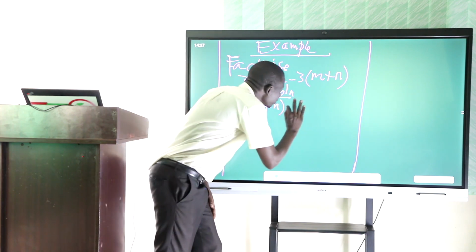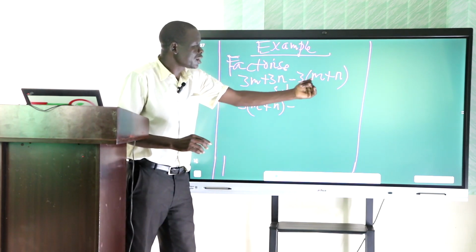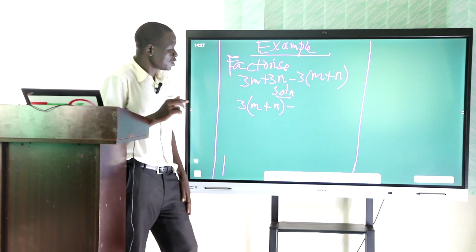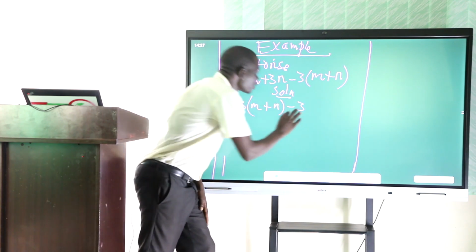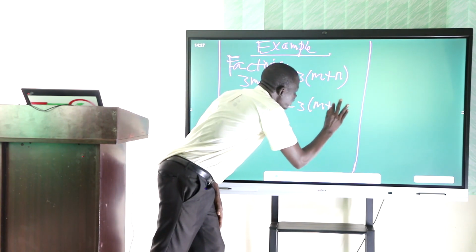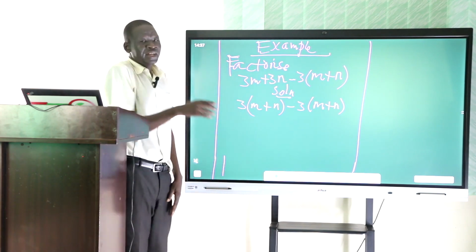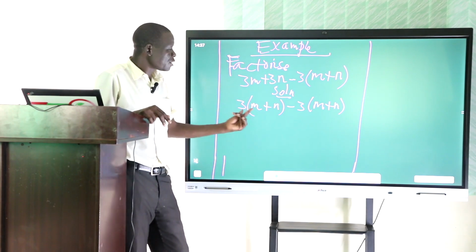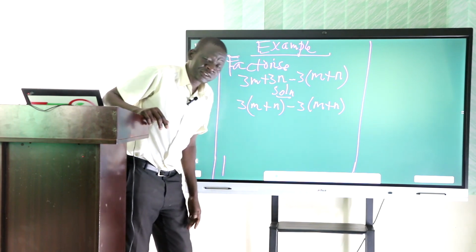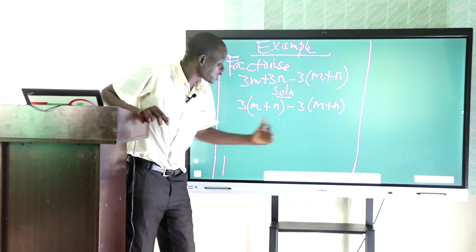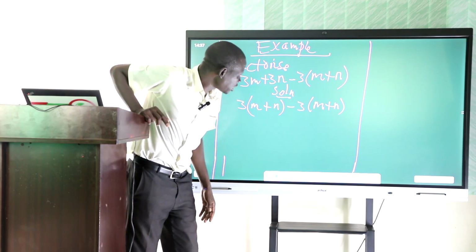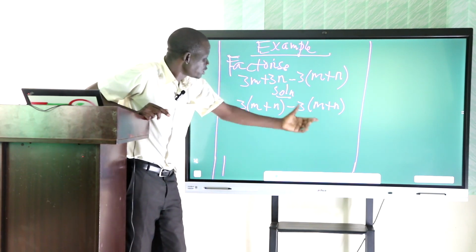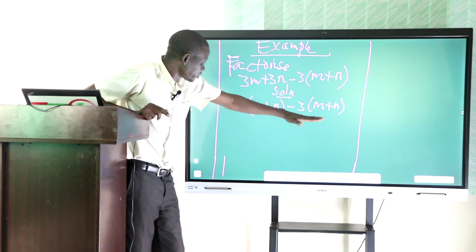We come to this one here. For 3 into m plus n, this one is already factorized because it consists of a bracket. So we shall just write 3 into m plus n. Having done that, we still have a common factor. The common factors are m plus n and m plus n, meaning that these common factors have to be pulled out. But when pulled out, it will be meaningless.